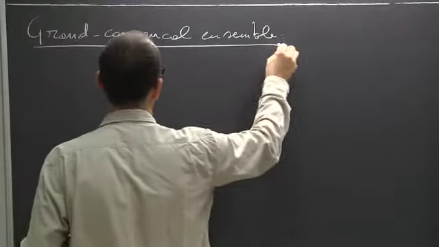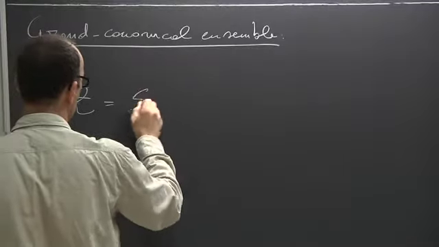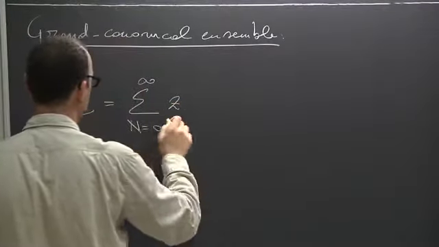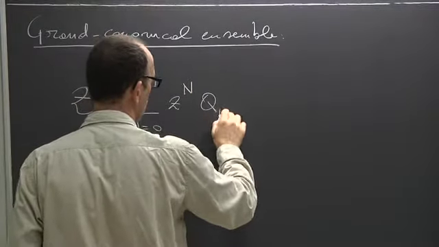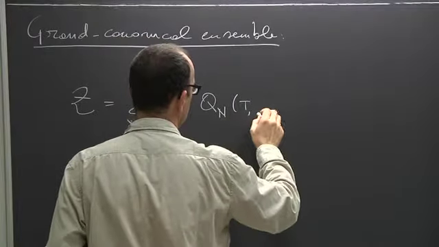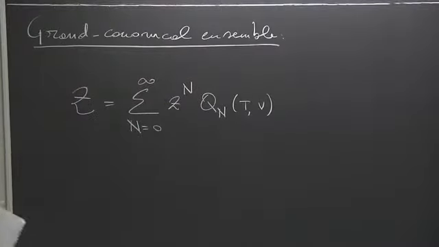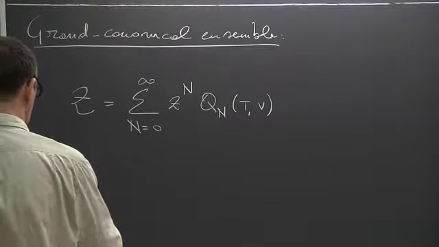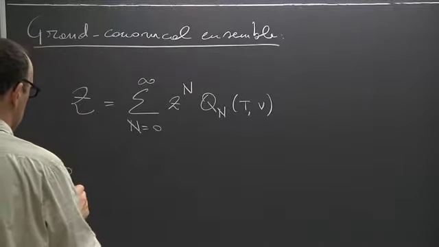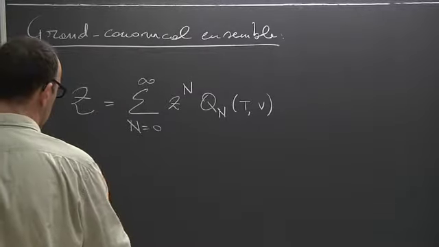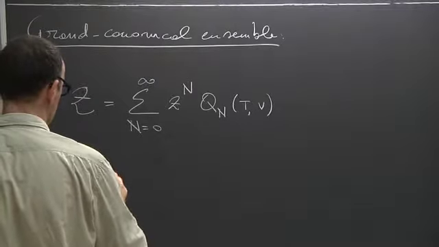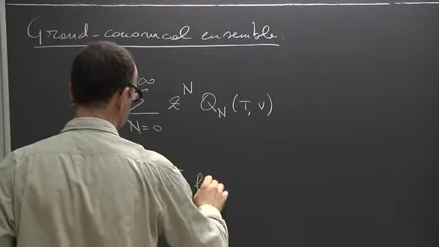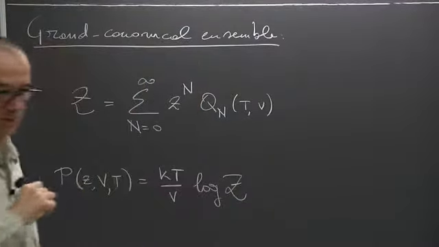First, compute the grand canonical partition function, which is the sum over all the numbers of particles n of the fugacity z to the power n times the canonical partition function for a system of n particles at temperature T and volume V. Once you have computed this quantity, you can compute the thermodynamics by the relation: the pressure P, as a function of chemical potential, volume, and temperature, is equal to kT over V times the log of the grand canonical partition function.